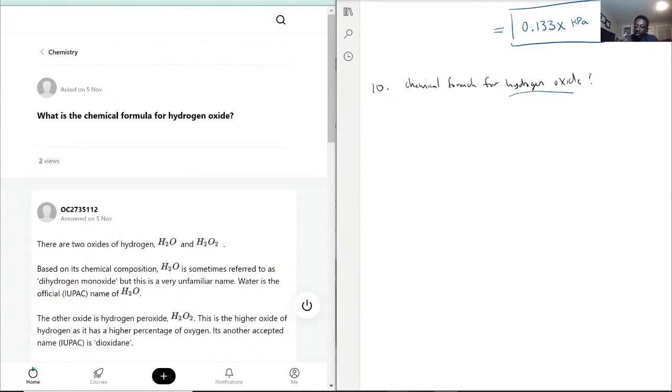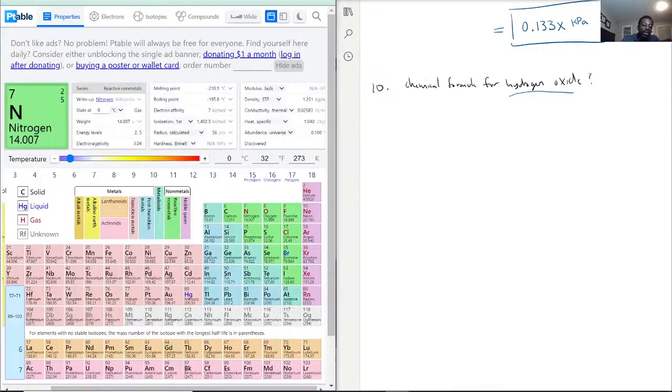Sorry, I just want to make sure this is charging. Yeah, because the rule is actually, okay, let's look at the periodic table. What's hydrogen? This is a non-metal, and oxide just stands for oxygen really. That's also a non-metal.